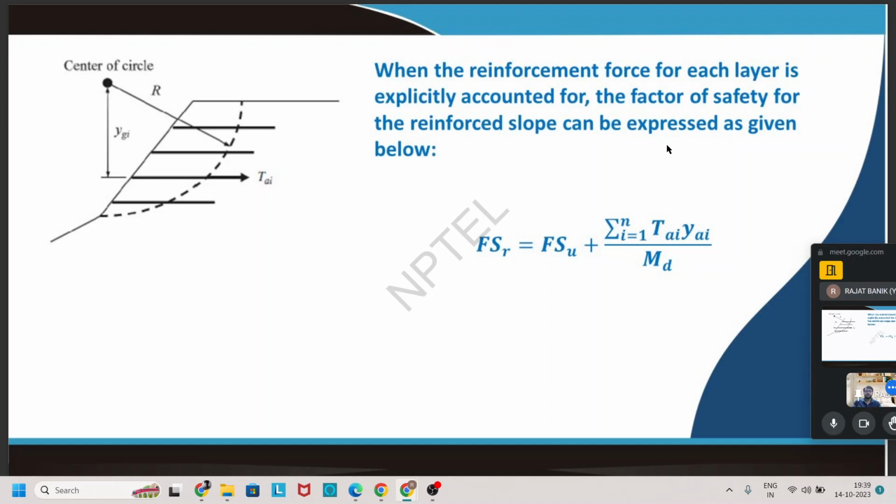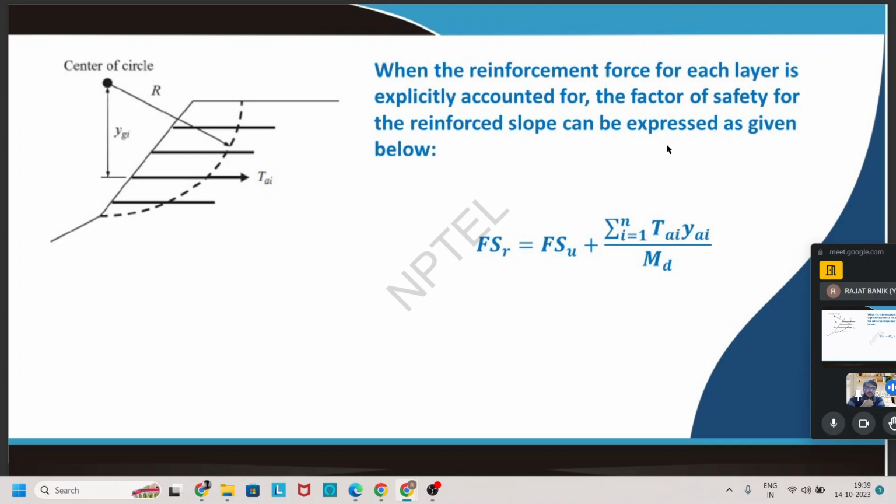Here one procedure is given, with a schematic diagram, to find out the factor of safety for the reinforced slope.